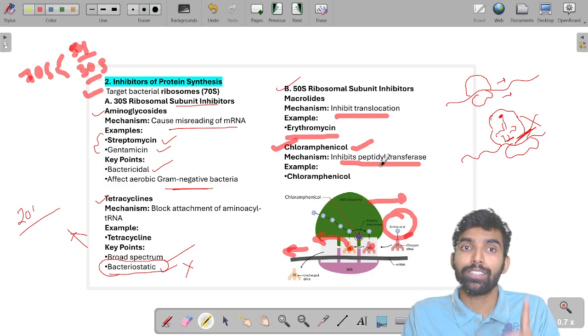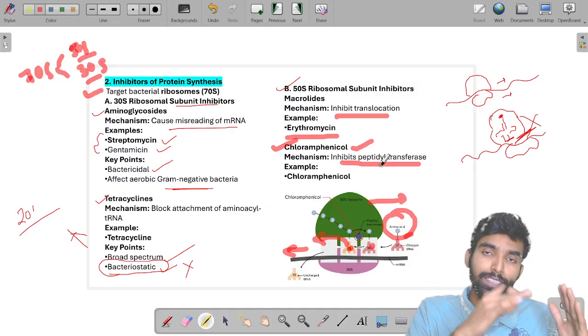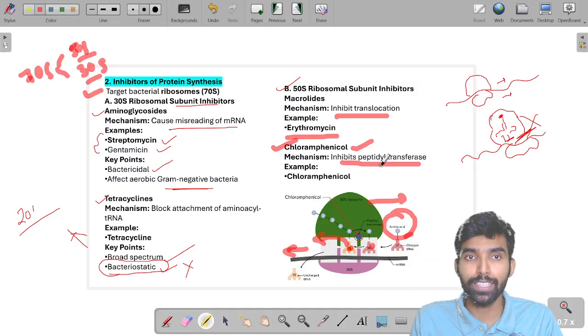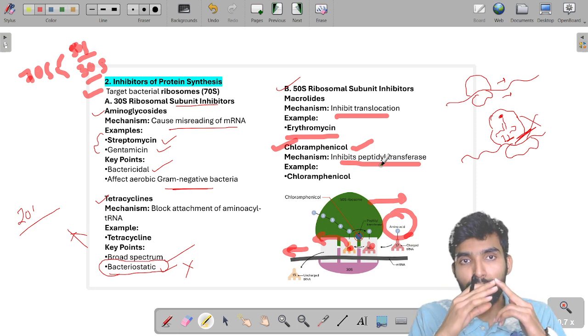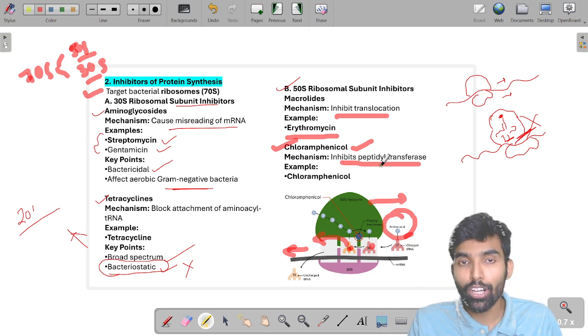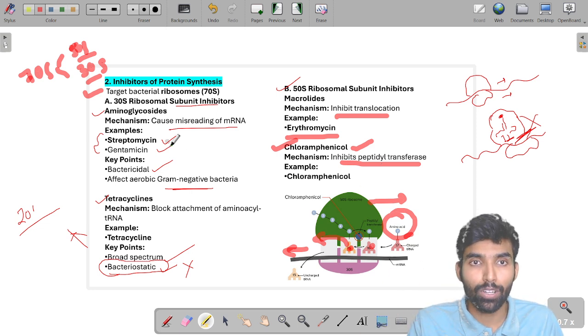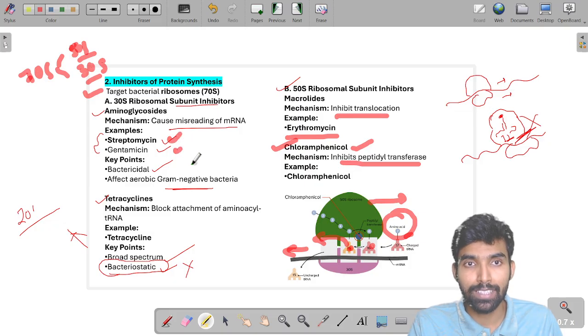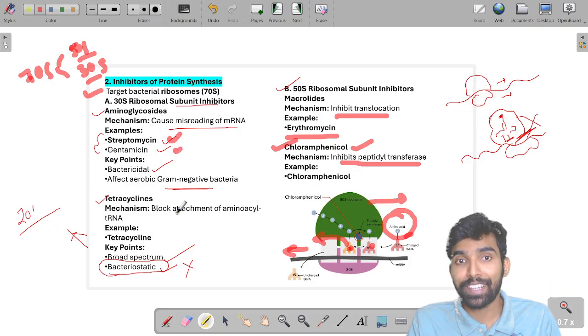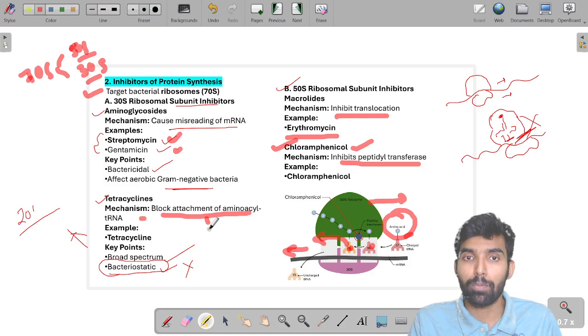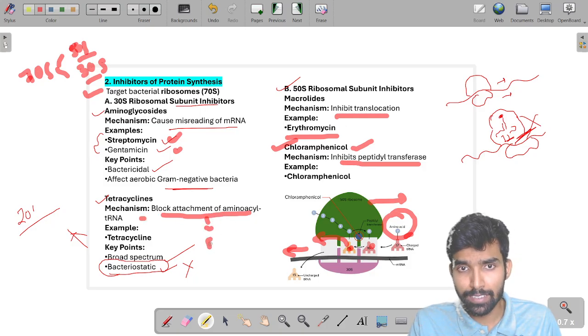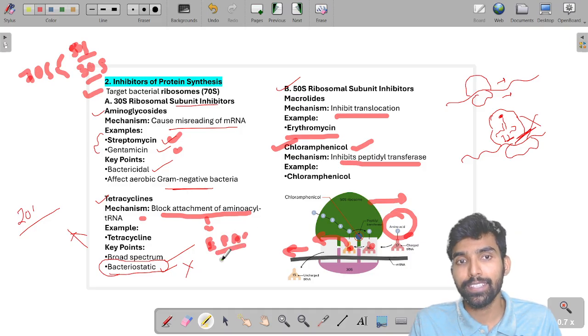So remember, there are two categories: one acts on 30S, one acts on 50S. If you consider the 30S, there are majorly aminoglycosides that cause misreading of mRNA. Examples, as you already observed, are streptomycin and gentamicin. And next is tetracycline, that actually blocks the attachment of aminoacyl tRNA at the exact position, let's say E site, P site, A site, something at this A site, right?